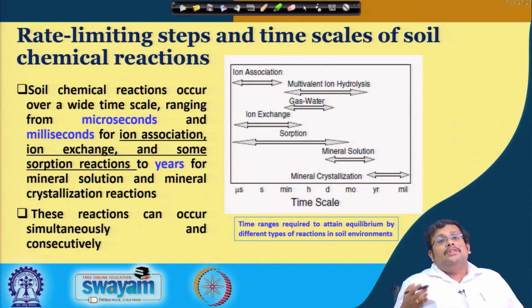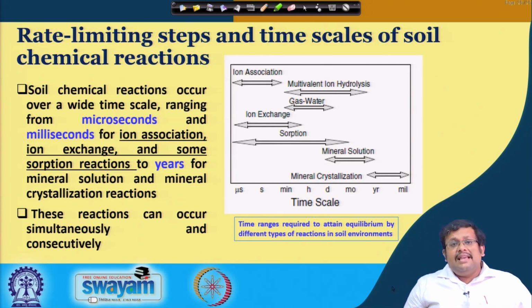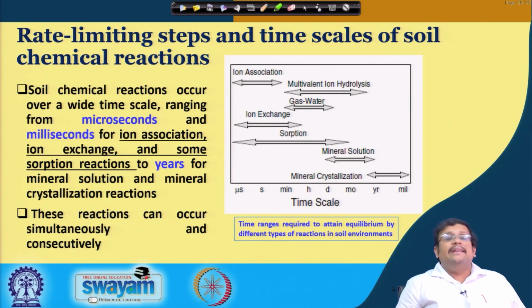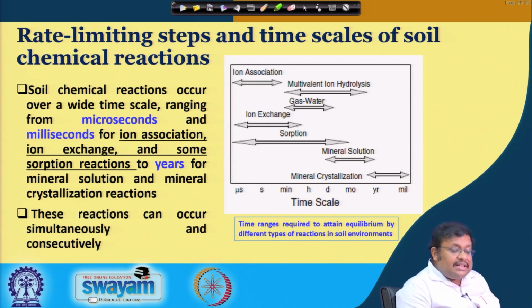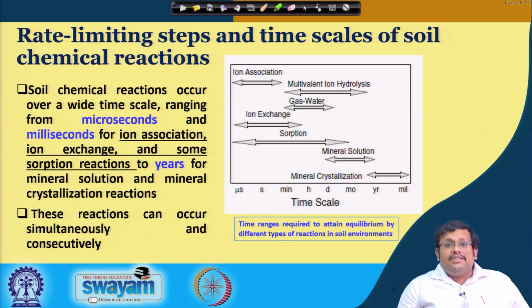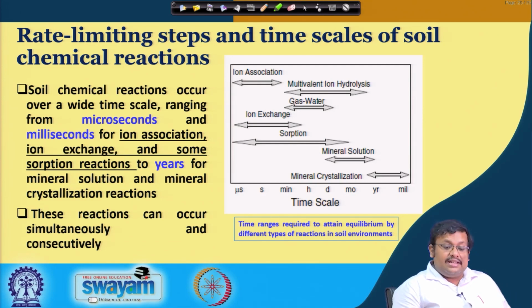Now, the soil chemical reactions can occur over a wide time scale. As I have told you at the beginning of this lecture, soil chemical reactions occur over a wide time scale ranging from microseconds and milliseconds for ionization, ion exchange and some sorption reactions, to years for mineral dissolution and mineral crystallization reactions.